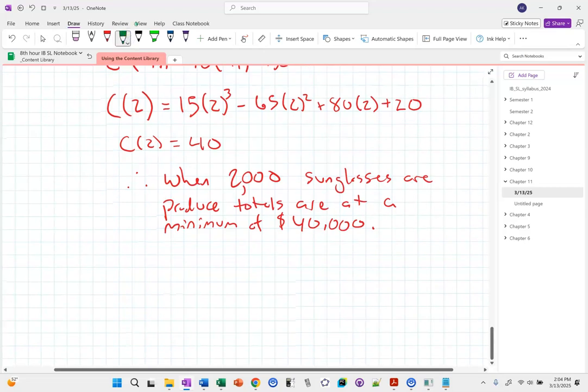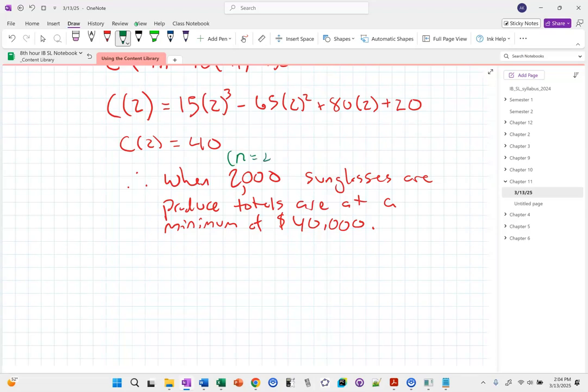Right? Why is it 2,000? N equals 2. Why is it 40,000? Because C of N was, or I should say C of 2 was 40. And each of those was measured in thousands of their respective unit. Does that feel okay?